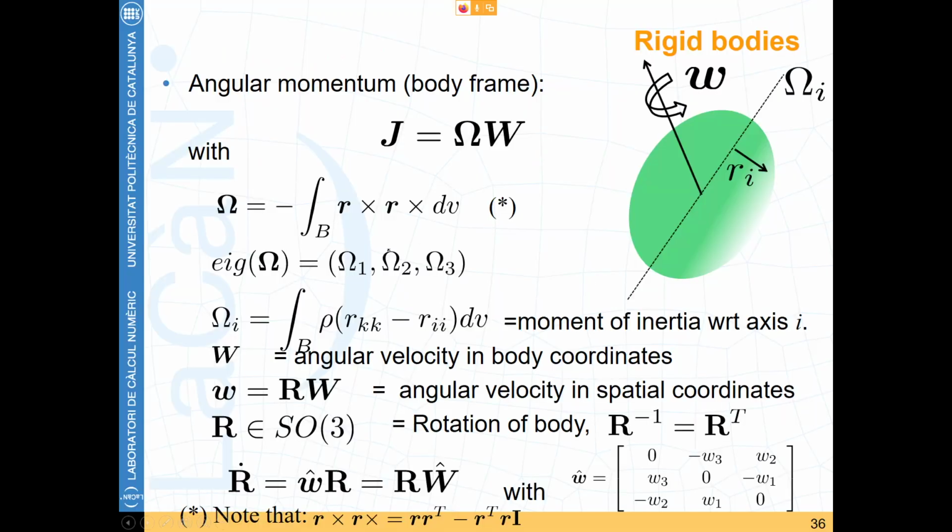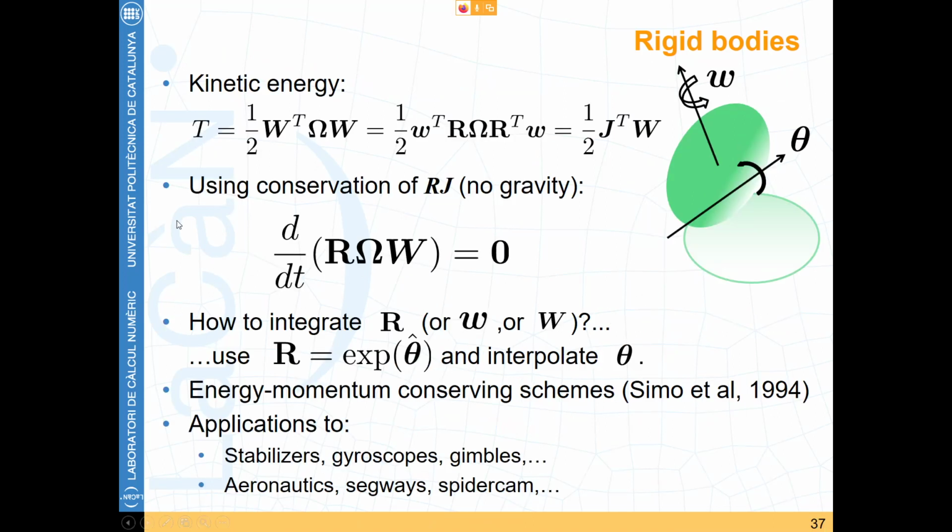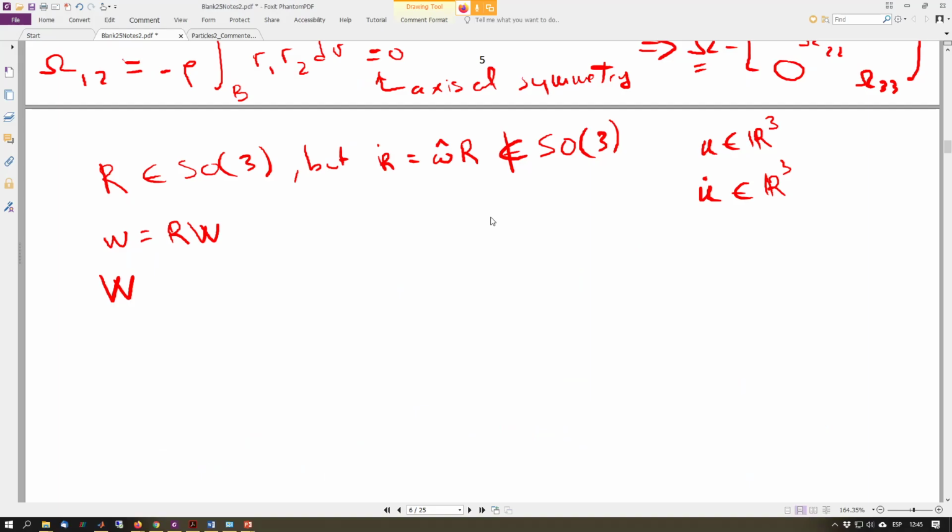So now going to the equations of motion, the kinetic energy could be defined as the integral with respect to our body, which is rotating. It is the same way as before, the mass of a particle times the square of the velocity.